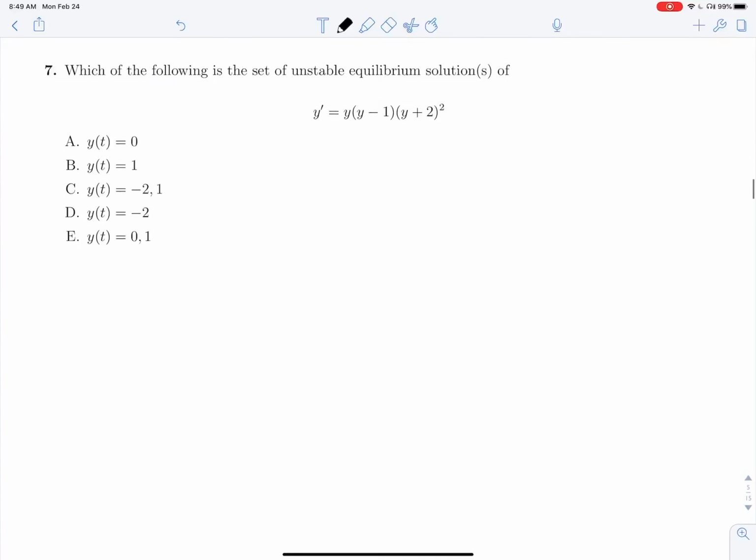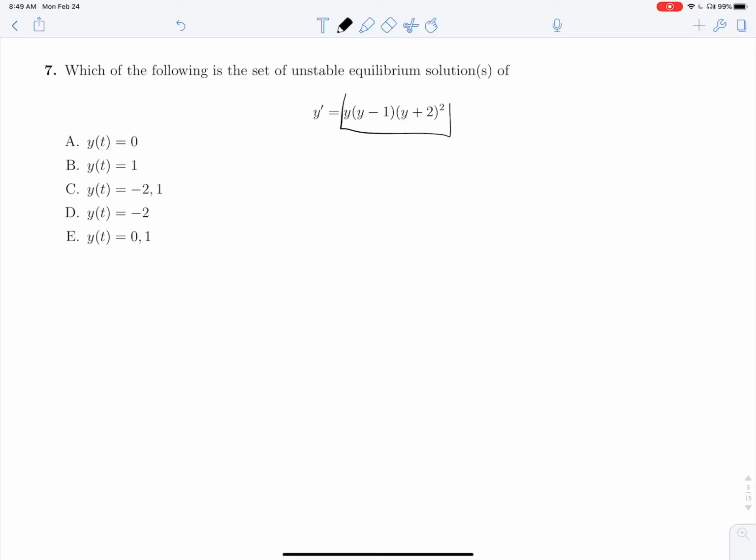Question 7. Which of the following is in the set of unstable equilibrium solutions of this equation here? So first of all, we need to identify what our equilibrium solutions even are, and these will just occur when y prime is equal to 0.